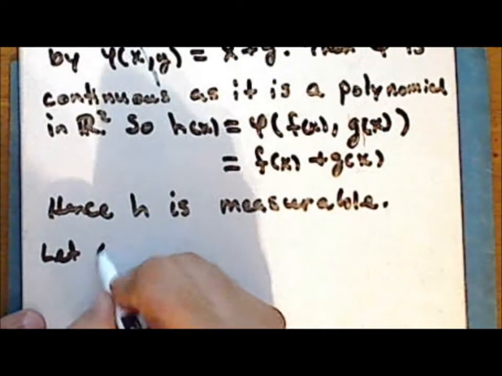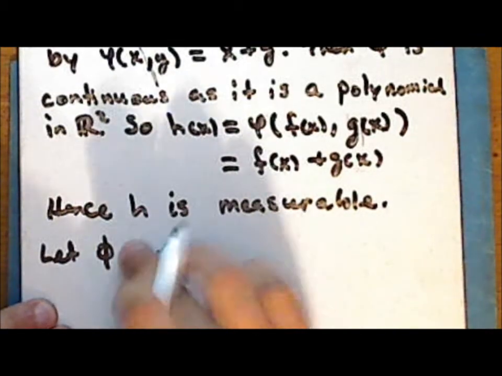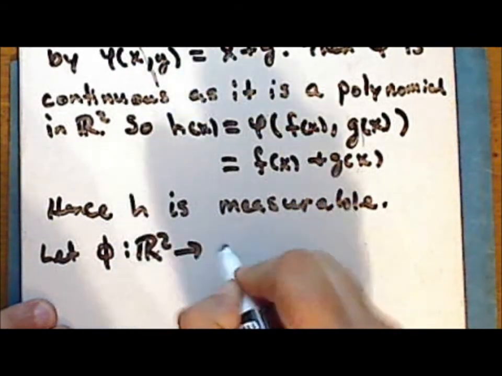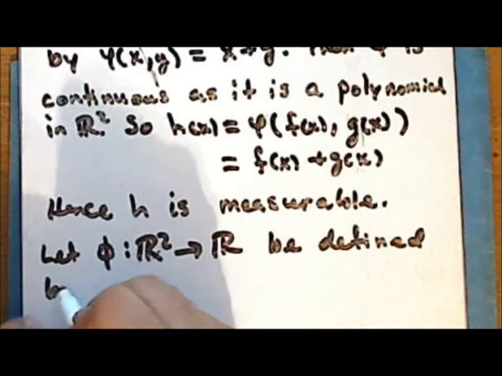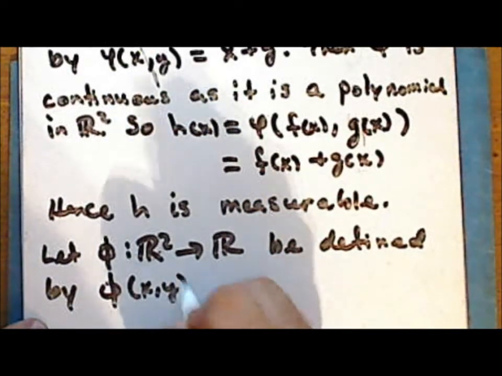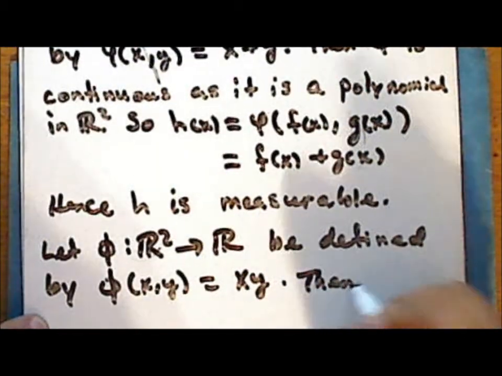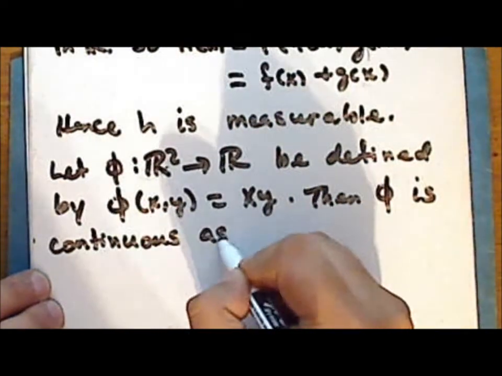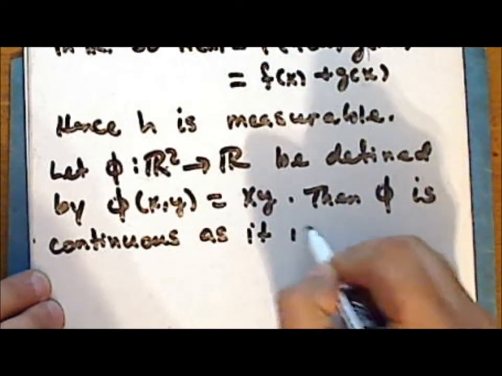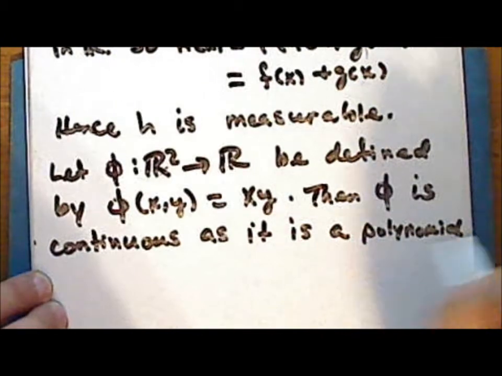So let big phi, again the map from the real plane into the real line, be defined by big phi of (x, y) is the product of x and y. Then big phi is continuous, once again, as it is a polynomial in the real plane.